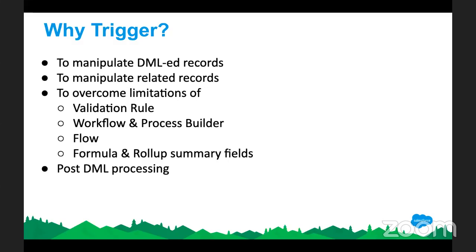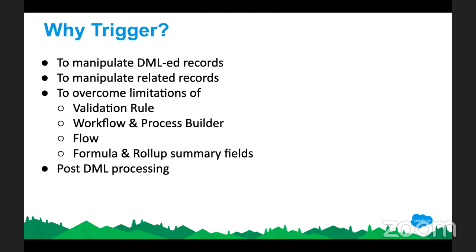Then, like I initially said, to overcome limitations of the point and click features, mainly validation rules, because we have a point and click validation rule. We have workflow and process builder, flow, formula fields, roll-up summary fields. There are, of course, lots of limitations with all these. You might have seen, validation rules work on the same object, and can refer to fields from the parents.